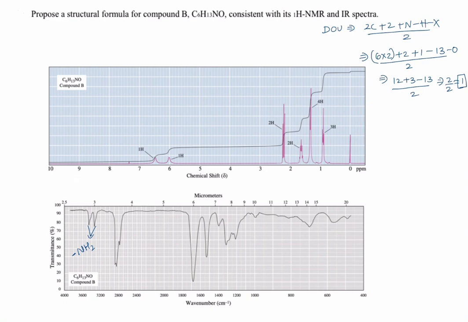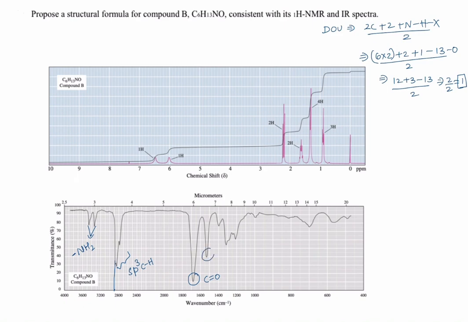Then let's see if we can drop the line here. We only have peaks on the right side of 3000, which could easily correspond to sp3 carbon-hydrogen stretches. Around 1680 we have a sharp peak that corresponds to the carbon-oxygen double bond, the carbonyl group.